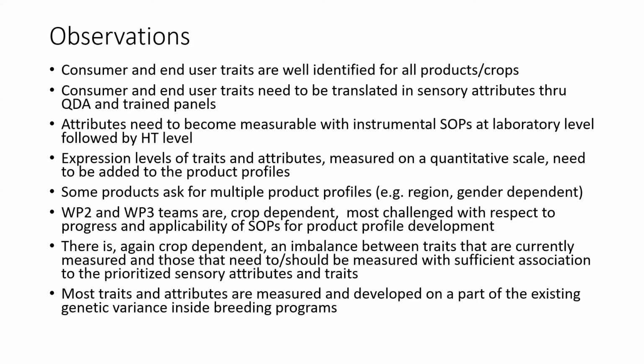In the rest of the project, it is probably challenging that the rest of the variation that's currently not studied is added to the activities in the different work packages, but also in breeding programs and of course adoption studies.